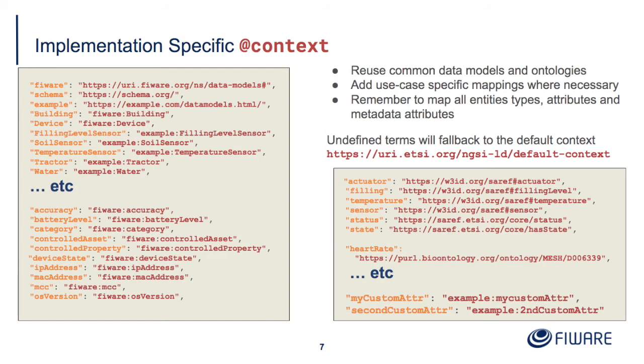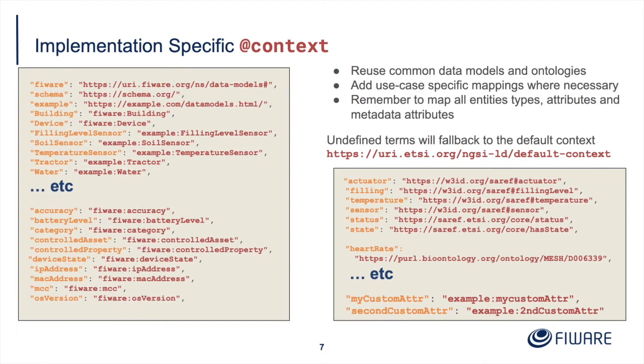Now we move on to the implementation specific context. That was the second file which I showed. Now, the example which I'm going to show in a bit is based on a smart farm, and you can set a series of key value pairs effectively.